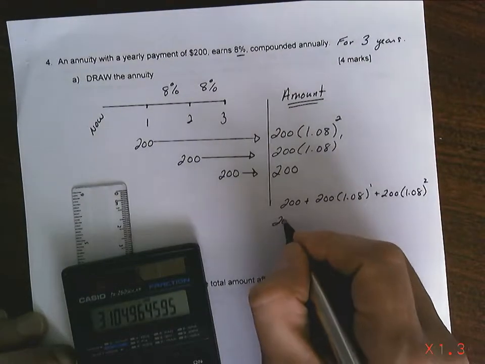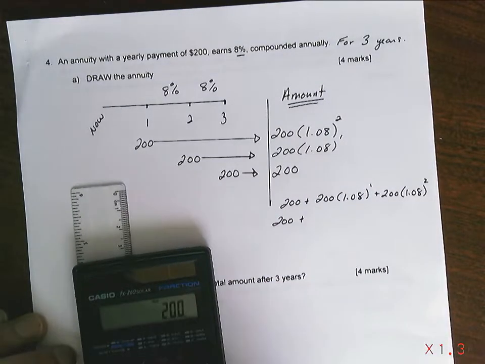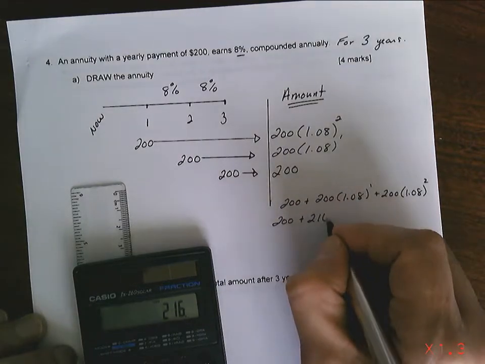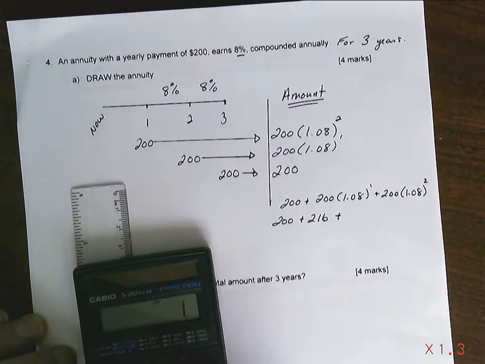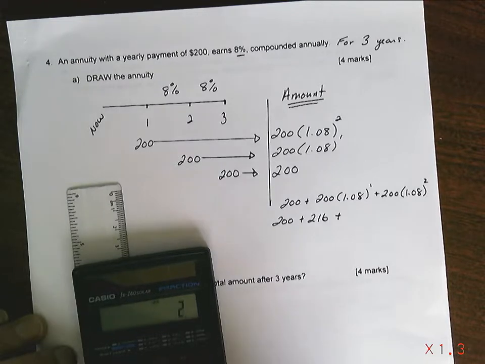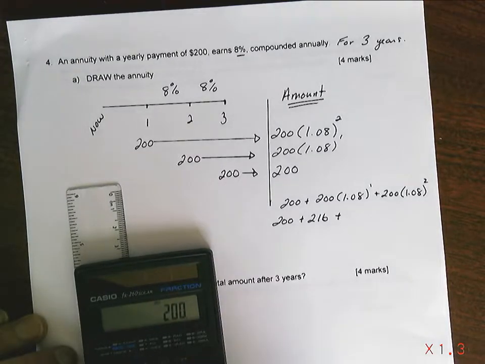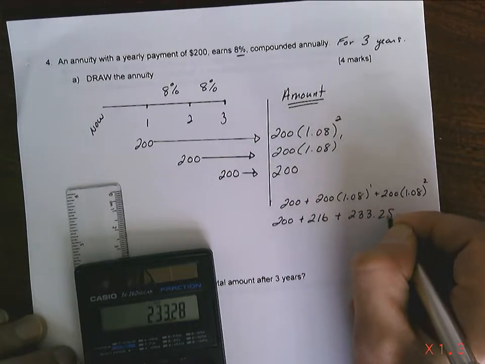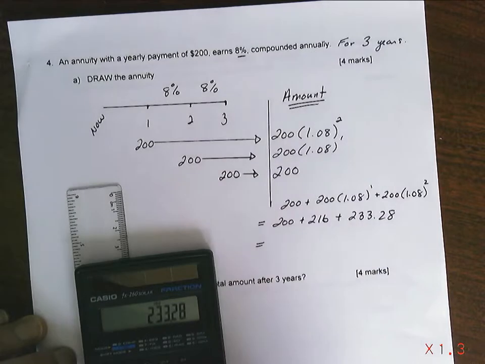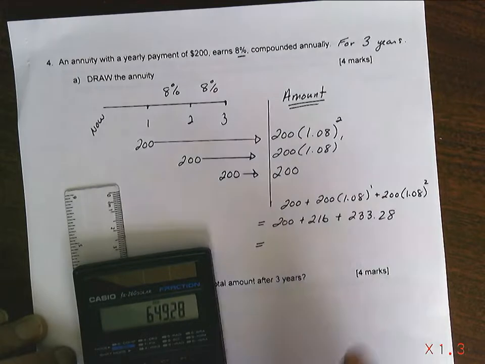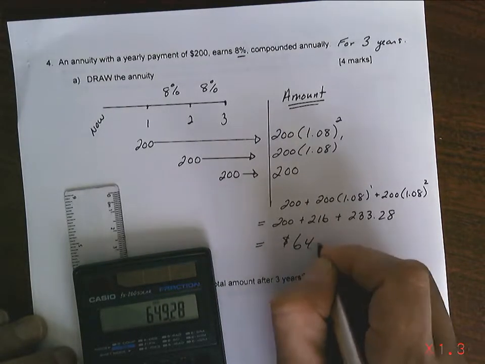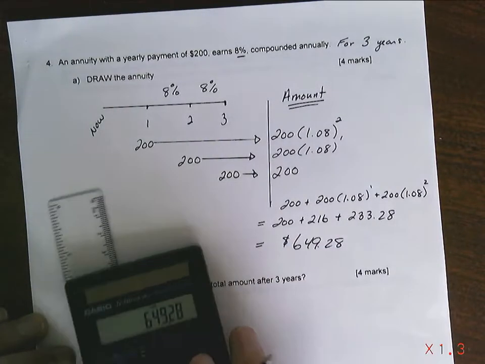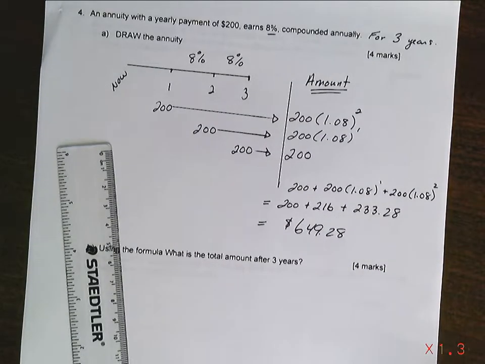So that'll be 200 plus 200 times 1.08, which is 216, plus 200 times 1.08 exponent 2, which equals 233.28. So the total amount is going to be 200 plus 216 plus 233.28, which is $649.28. And that's how you would draw this annuity.